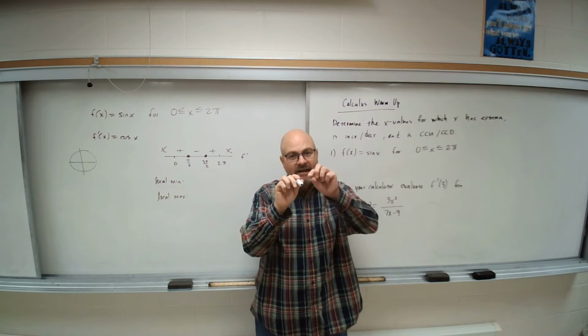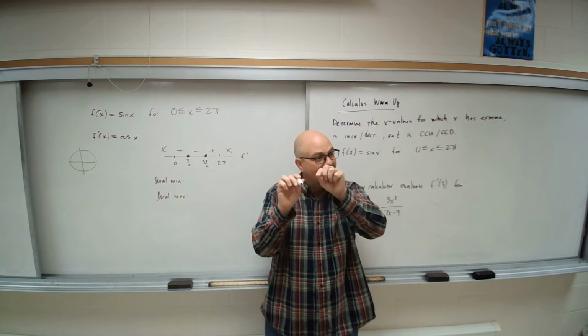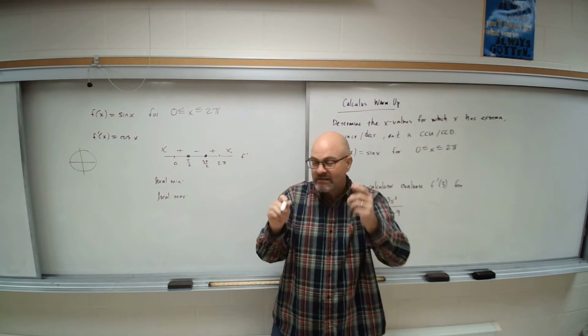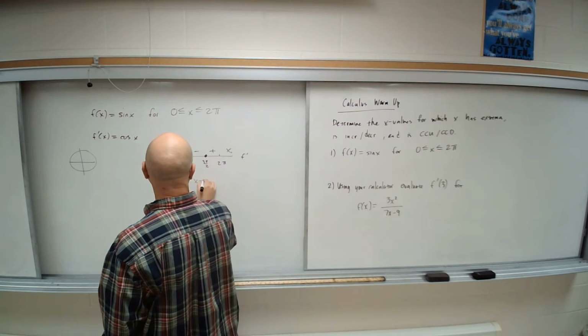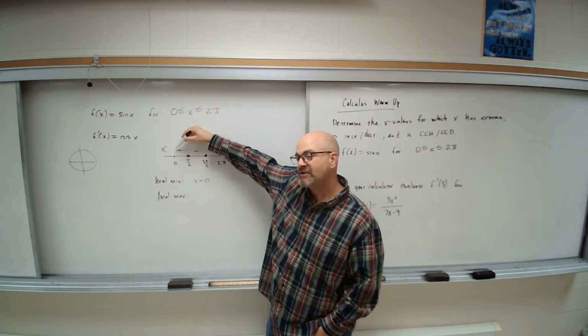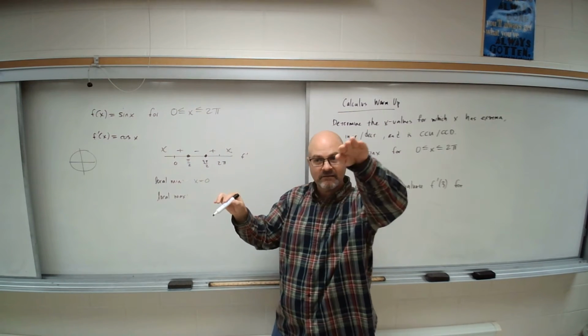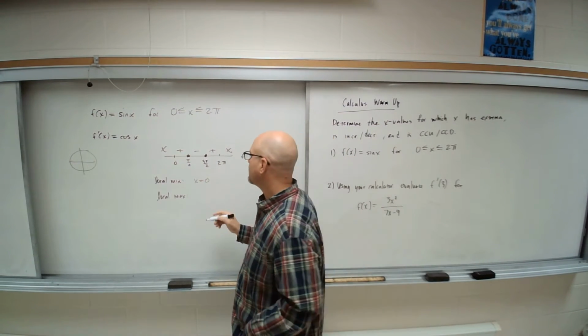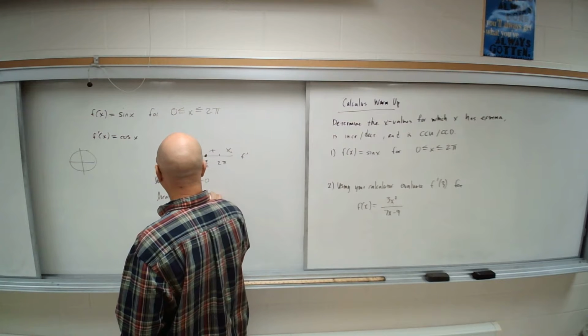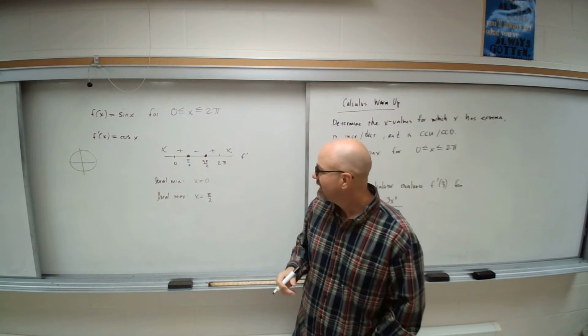So if we're at a point and we increase, if you're at the left endpoint and you increase, it would have to be a minimum. Right? So we have a minimum at x equals 0, and then the original function increases, and at pi over 2 it starts decreasing. So that's a maximum. So that would be x equals pi over 2, and we want this to alternate because it's a continuous function.